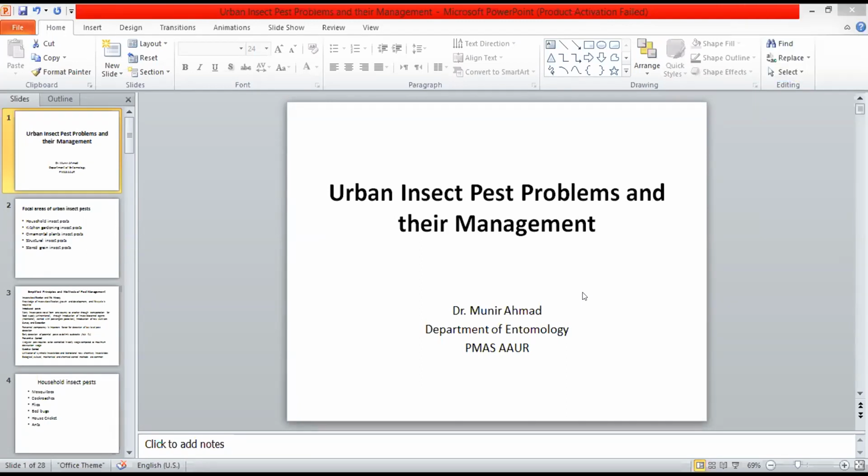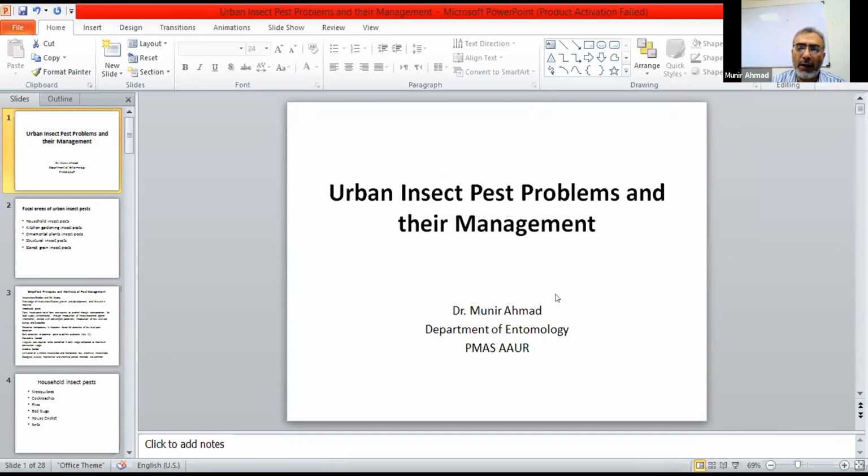Most people prefer quick control of these insects. So for that purpose, we can mix the IGRs with pyrethroids or organophosphates. If we use them, we can affect their life cycle and have a break, so that we have long-term management.